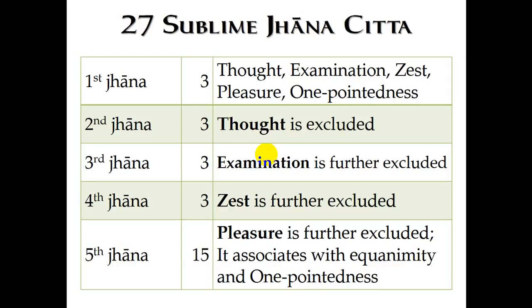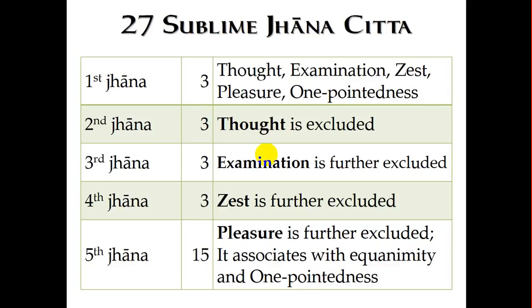So we have 3 jhana chetas, the first 3 jhana chetas. If we talk about the first jhana, we have to remember 5 jhana factors, right? Together with thought, vitakka, examination, vicara, zest, piti, pleasure, sukha, one-pointedness, ekaggata, right? So when you attain the first jhana, all these jhana factors come along with it, right?